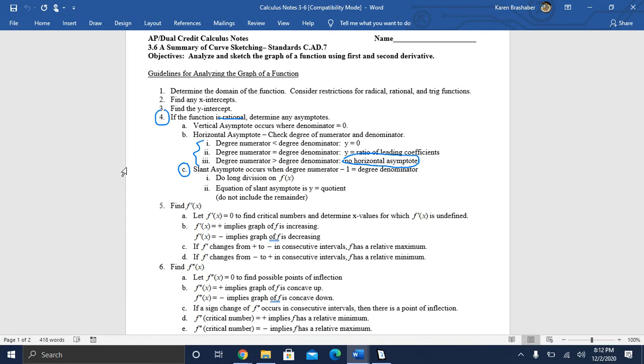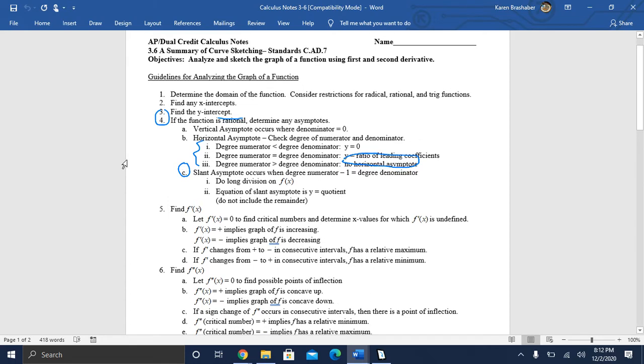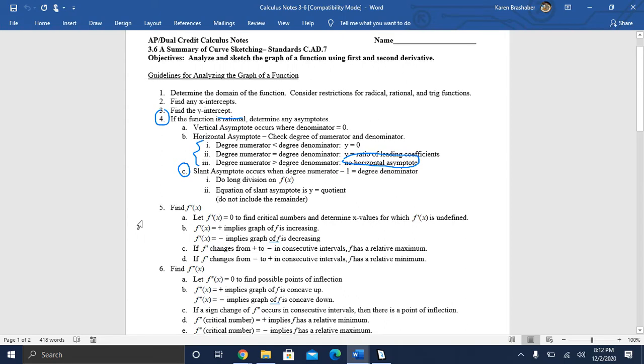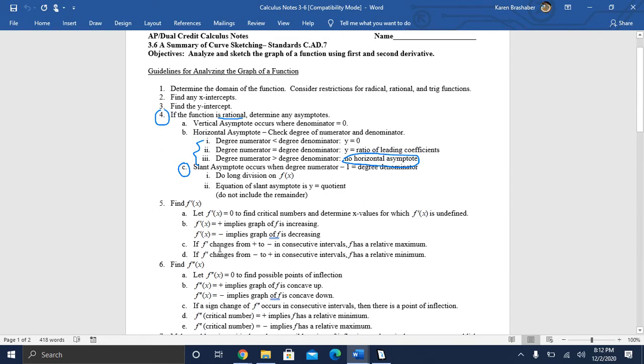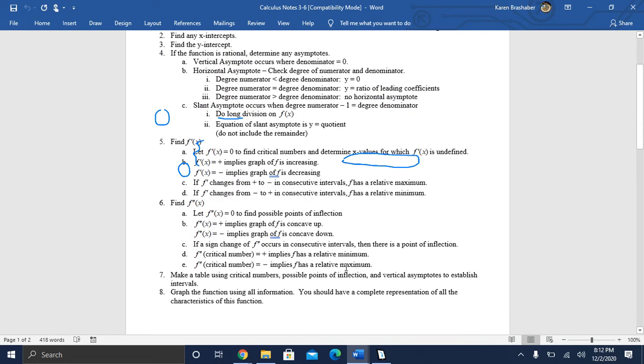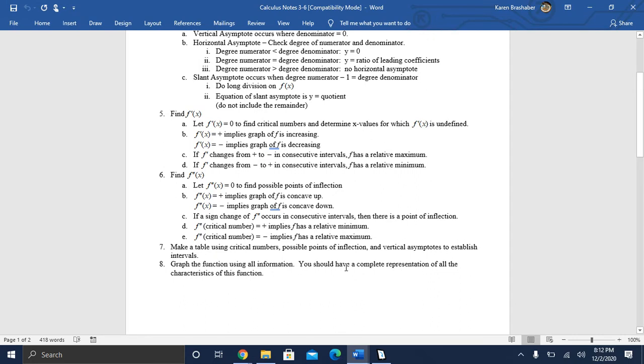So looking at the derivative and finding where the function's increasing or decreasing, having maxes and mins, and the second derivative looking for concavity and the points of inflection. When all that is said and done, I think the thing that you'll want to know in creating your table is to make your intervals.